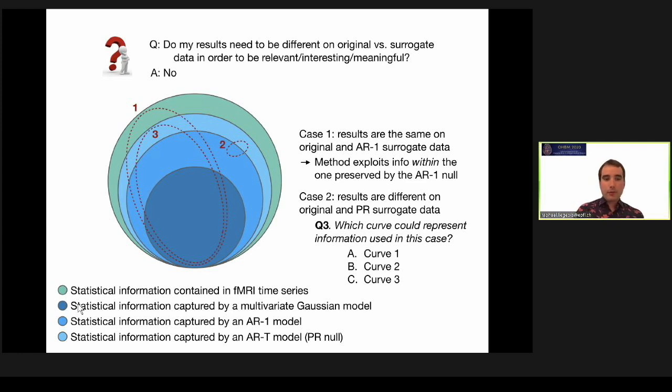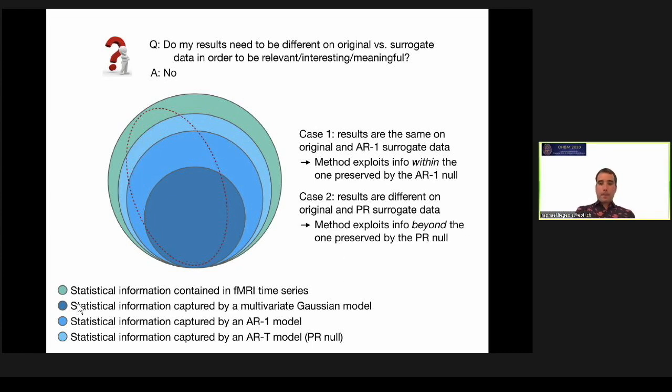If you are following me until here, I hope you got that in case 2, it means that some statistical information of the outer green circle has been used, because that's the one that is not included in the statistical information preserved by phase randomization. So the correct answer is curve 1.